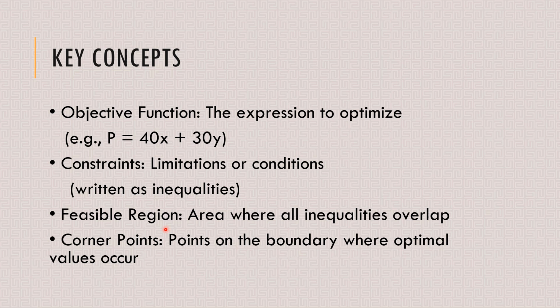The points of intersection of the lines form a shape, and those endpoints are the ones that we call the corner points. It is the point on the boundary where optimal values occur. So the optimal values are very sensitive at this particular point.